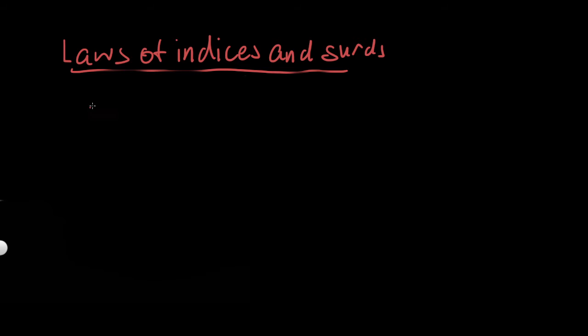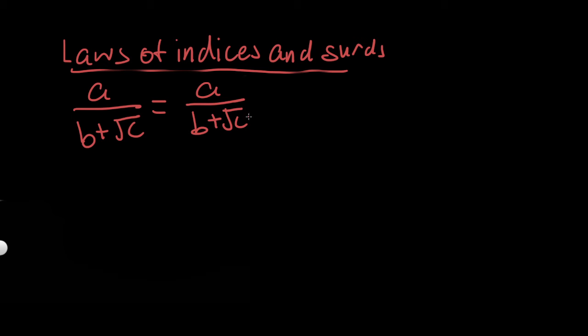So let's look at it. Let's take a over b plus square root c. Now this will obviously lead to a over b plus square root c. Still, you don't know what to do, right?